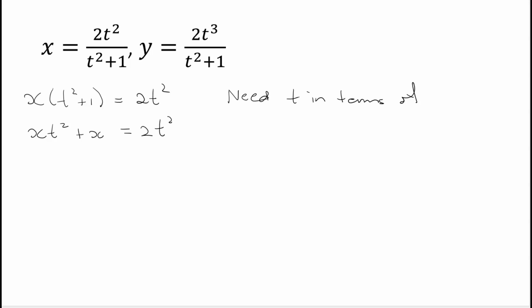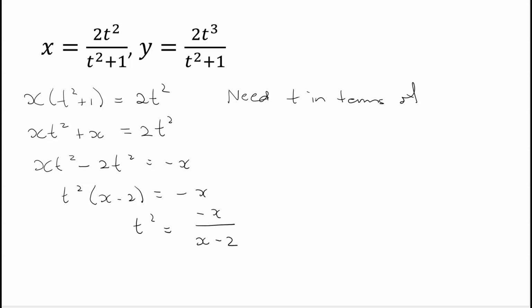Okay, I'm going to shift the x and the 2t squared, so I've got xt squared minus 2t squared equals -x, and I can factorize my left hand side, and then divide both sides. Now I need this on the right hand side to be positive, or at least positive looking, because I want my next step to take the square root, and as it stands I can't take the square root of a negative number.